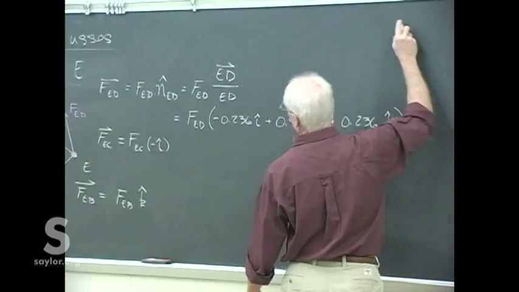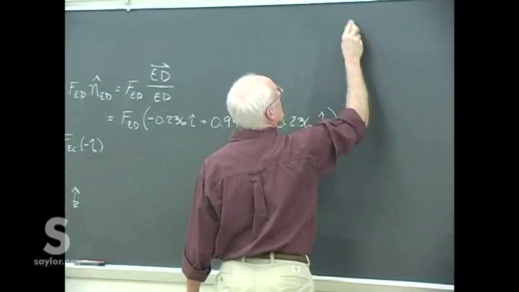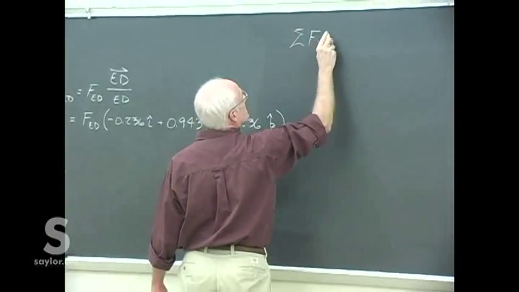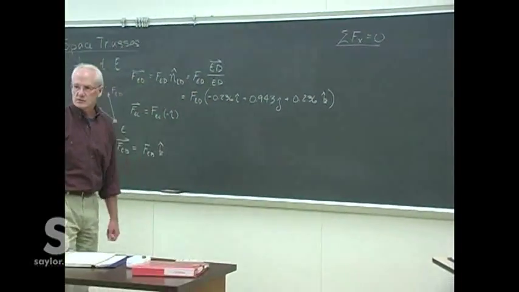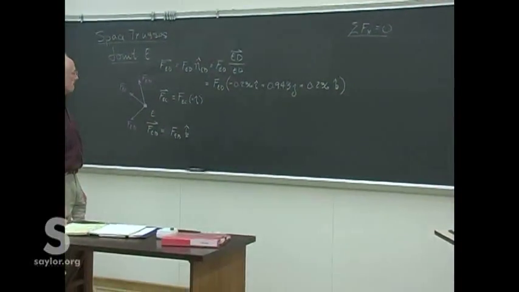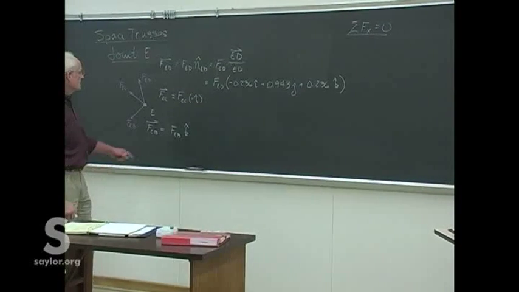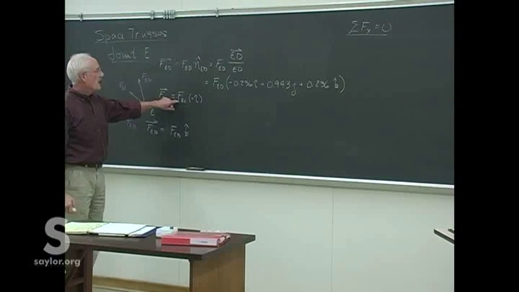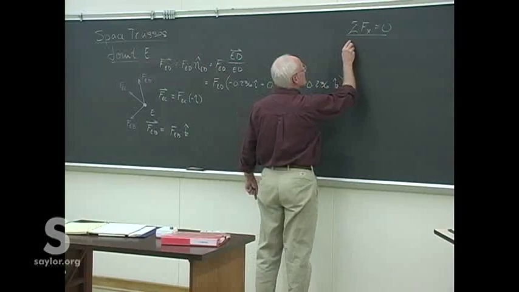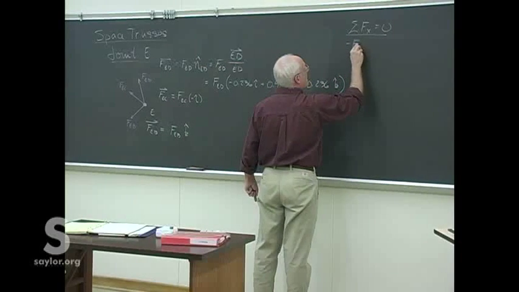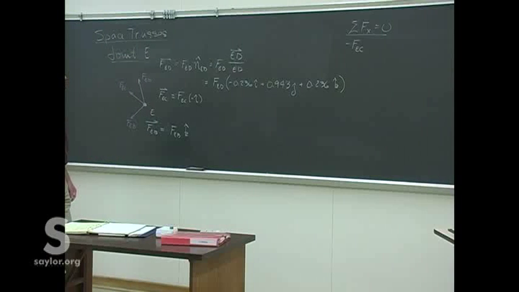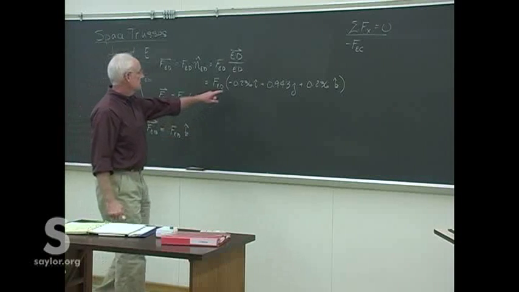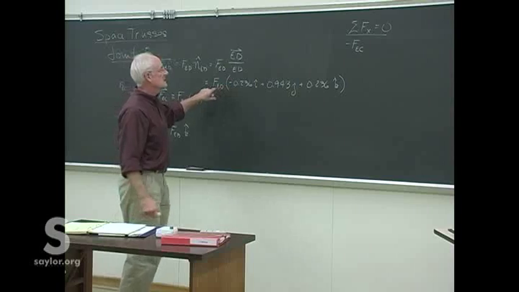All right, so we can solve now joint E, because we've got our 4 forces, and we know in each of the coordinate directions the forces will sum to 0. So we've got minus FEC minus 0.236 FED.